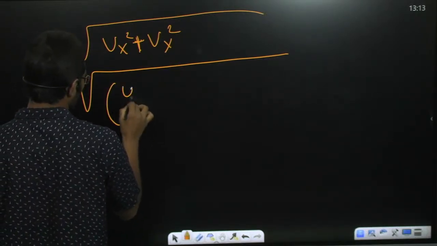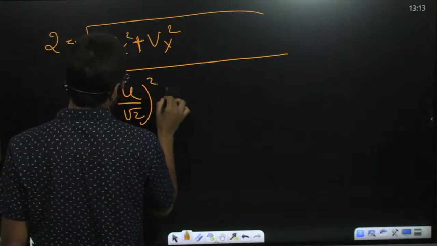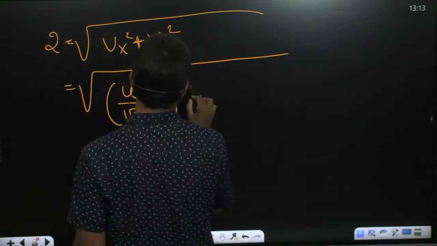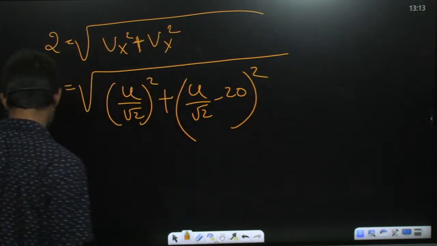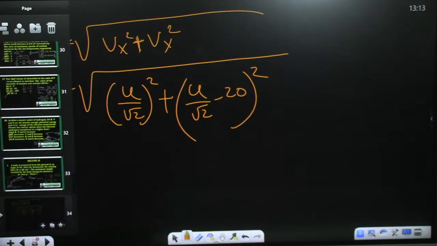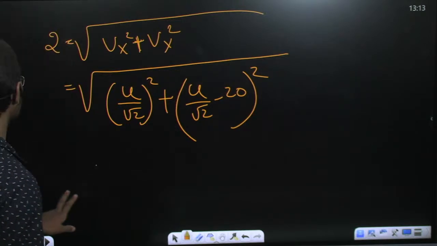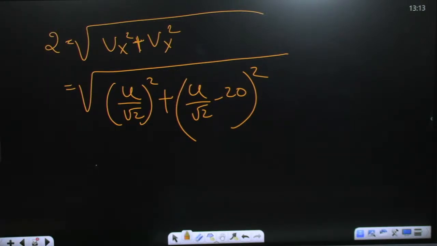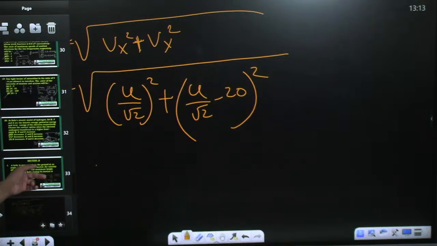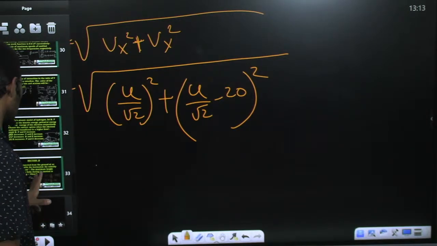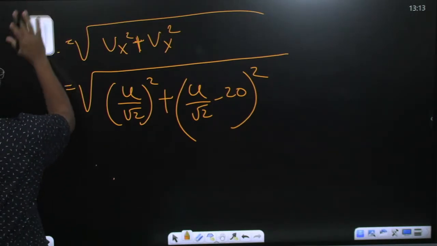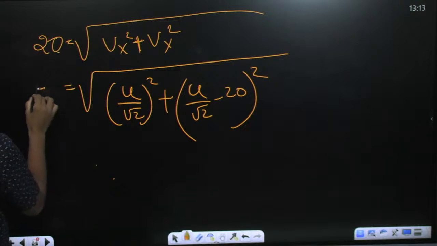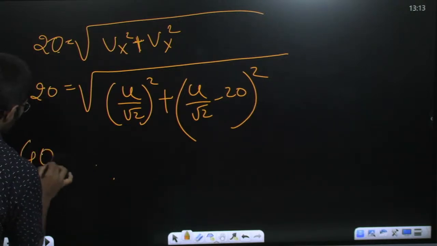U by root 2 whole square plus Vy square, u by root 2 minus 20 whole square, I guess. Let's check. Velocity in the y component, x component u by root 2, is equal to, this is 20, right? Yes, this is 20. Its velocity after 2 seconds is 20. Now let's square. Basic mathematics, you are done.